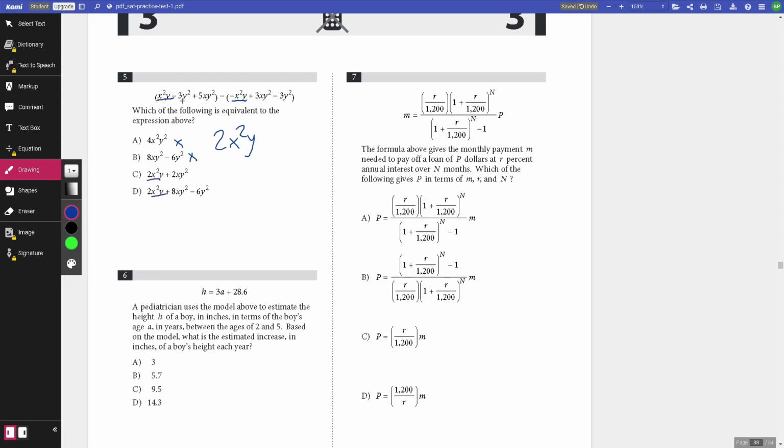And then next we have this negative 3y squared, and they changed up the order here. So negative 3 minus 3 is negative 3 plus negative 3, and that's 0y squared. So that's eliminated, and this y squared term exists here, and that's not the right one, so that's eliminated, and the answer is C.